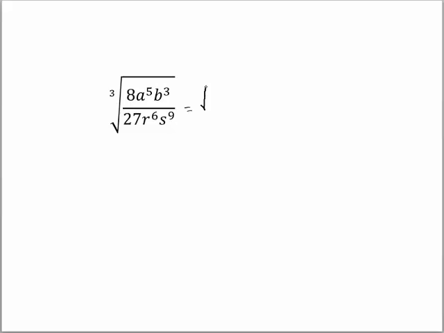Let's start breaking it up. Whoops. That's 2 to the third. 2 to the third is 8, right? Okay. We have a to the third. And a squared, that gives us 5a's. And b to the third.